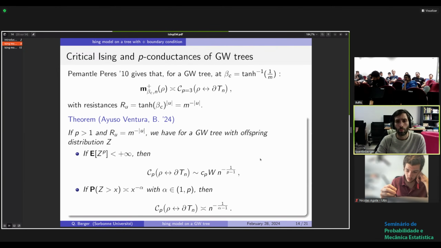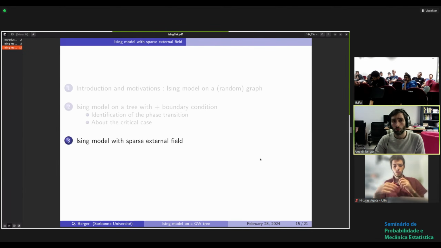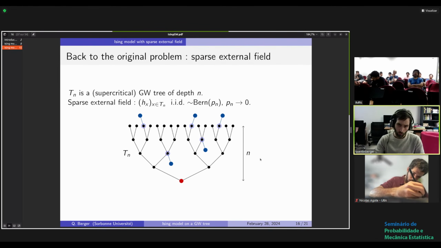Okay, good. So now I will come back to our original model, which is the Ising model with the sparse external field, and tell you how we can adapt these tools to deal with that case. Let me recall what the original problem was.